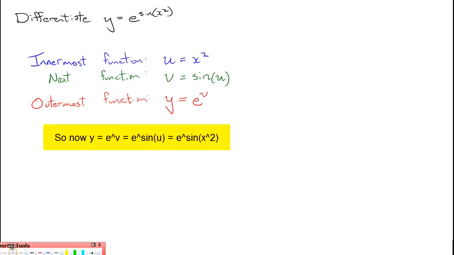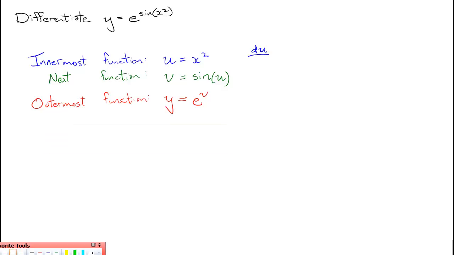Okay. Now that we've recognized what the functions are that make up this composite function, we've written them down, and we've assigned letters to them, the next thing we're going to do is take the derivatives of each of these. So right here, I'm going to write du dx. We're going to take the derivative of the innermost one.